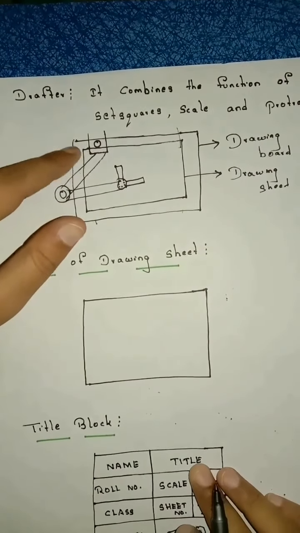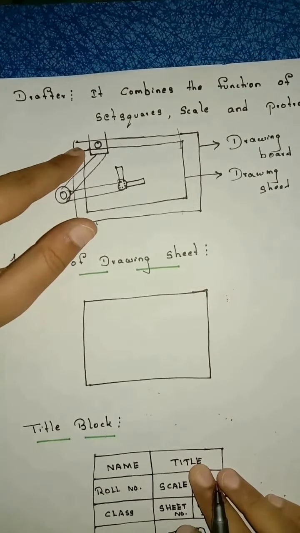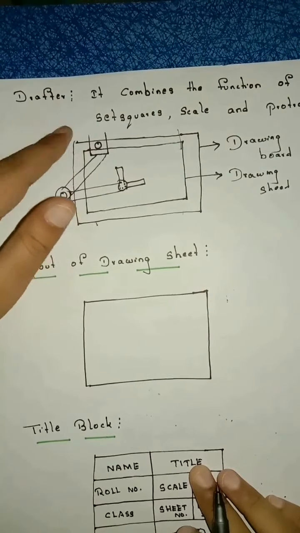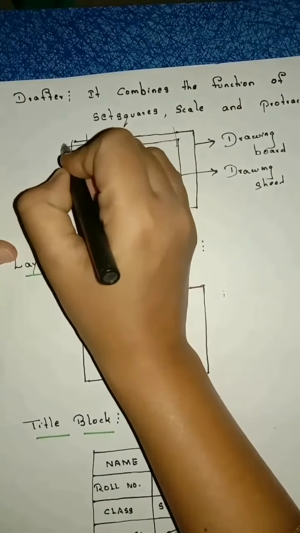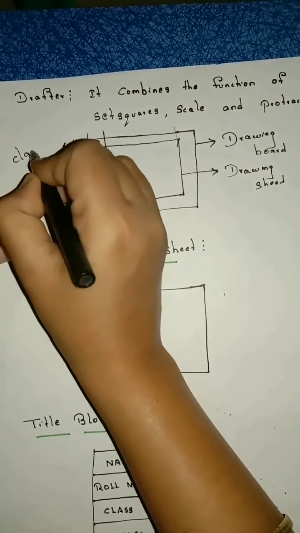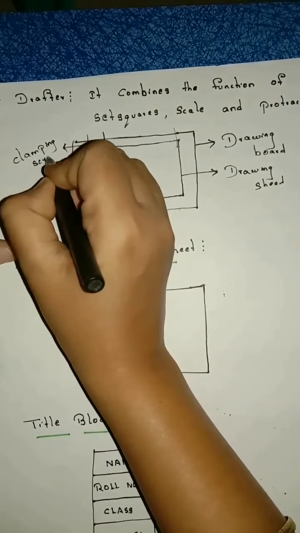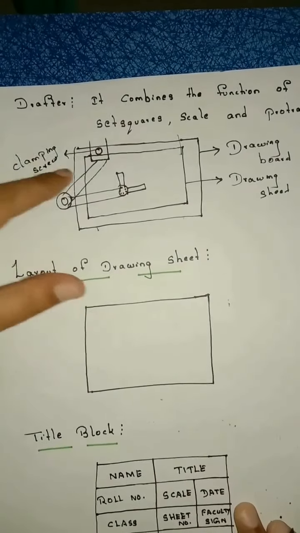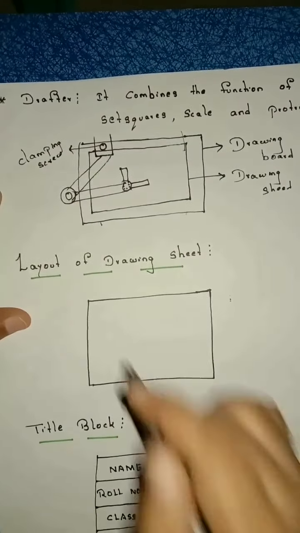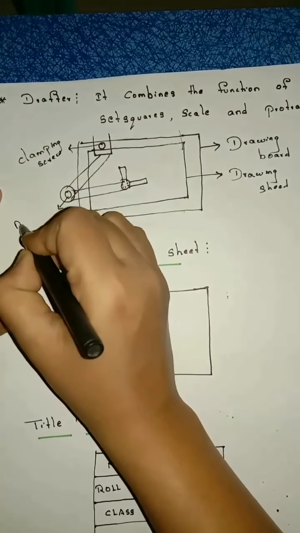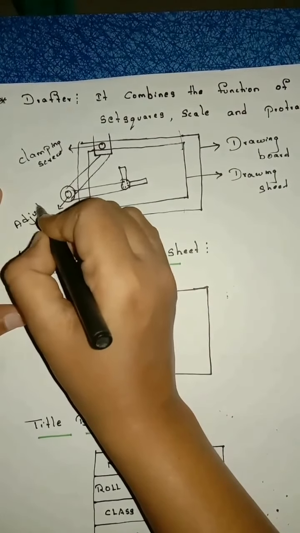Always on the top left corner of your drawing sheet we are placing the drafter, and this is the clamping screw. With the clamping screw we can loosen or tighten the drafter. And this one is the adjustable protractor head.